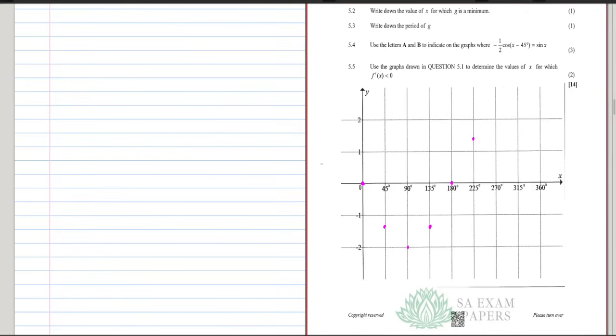And then 270, that's 2. 315 should be in line with this point on 225. And then we have 360 at 0, like this. And then we connect all of these points to give the graph of g like this. Don't use straight lines. Use curves, okay?